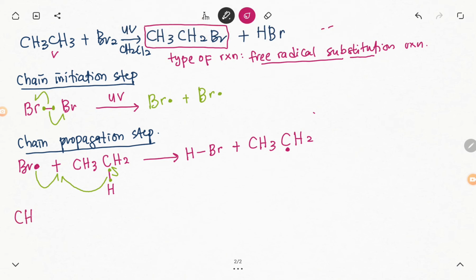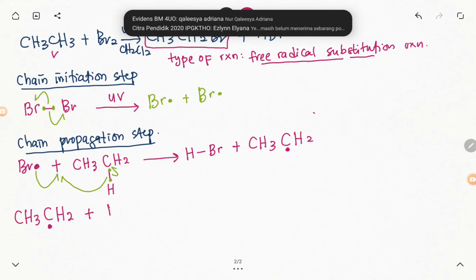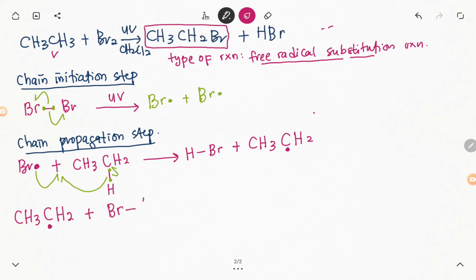Use the carbon free radical because this is the reactive species. It must react with another bromine molecule. The process involves the same free radical attack, with half-headed arrows: one electron from the bromine comes toward the carbon to form a covalent bond.